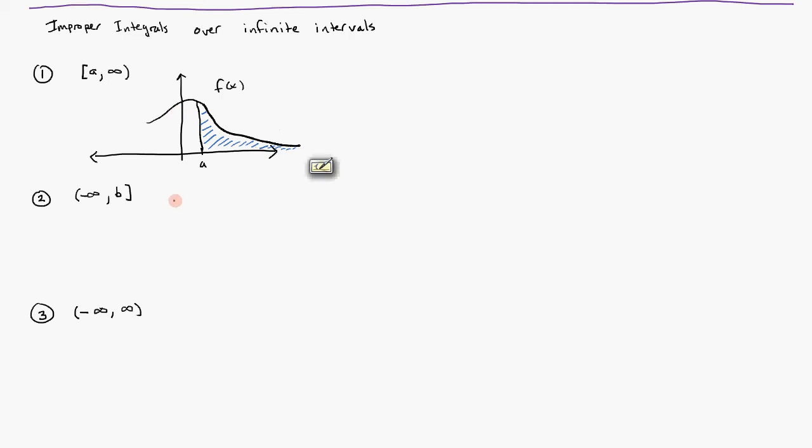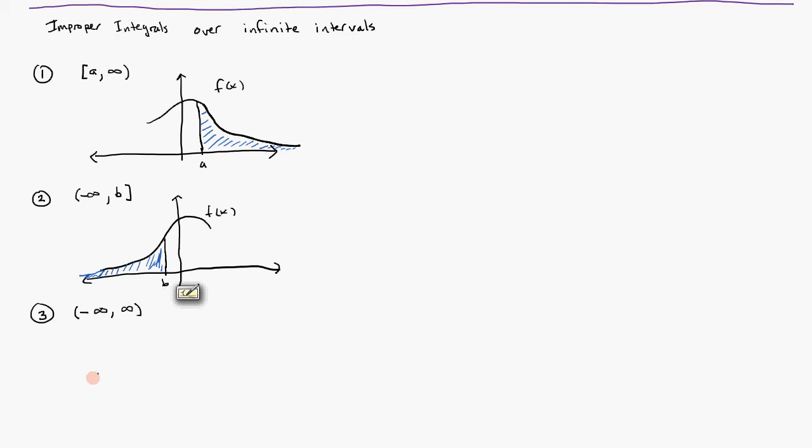Okay, so let's sketch the second situation. So suppose you have, again, your function f of x. Now suppose you're interested in an area that extends to infinity to the left. So in the second case, you're interested in this region here. So again, going to infinity.